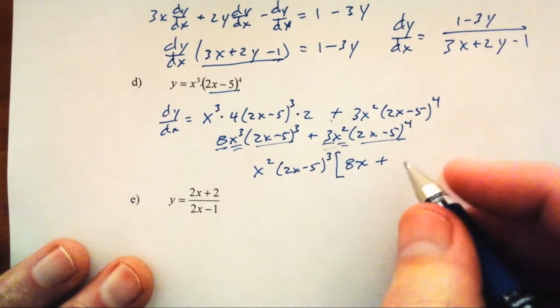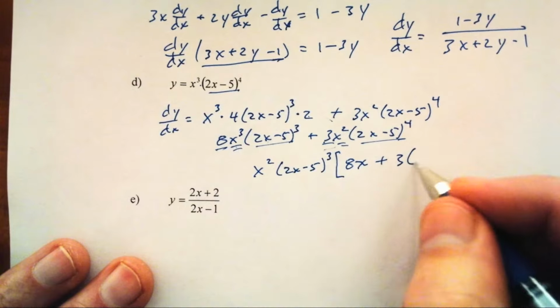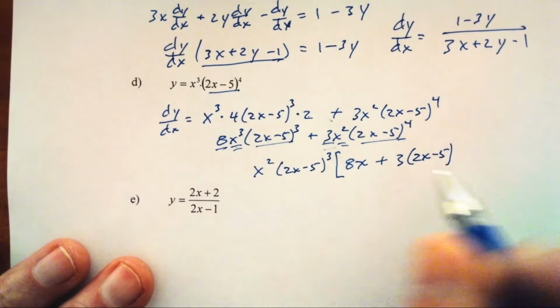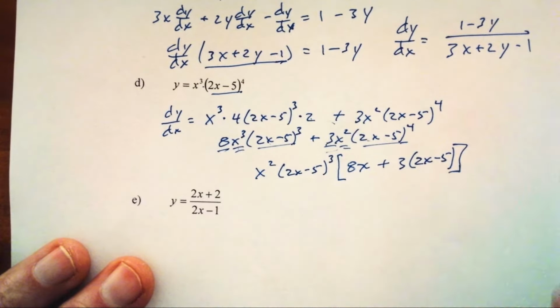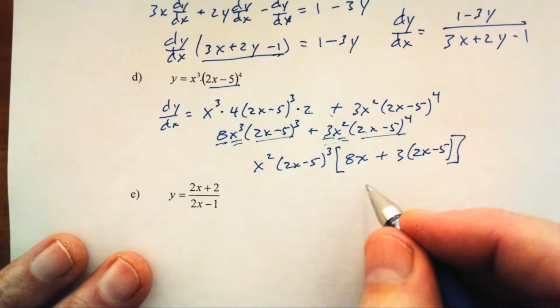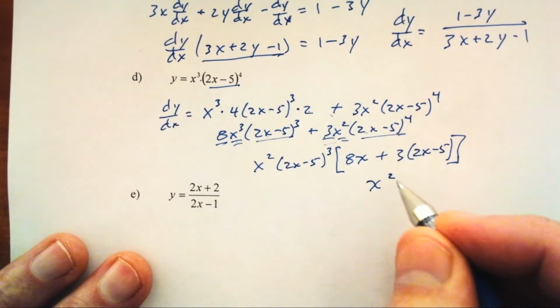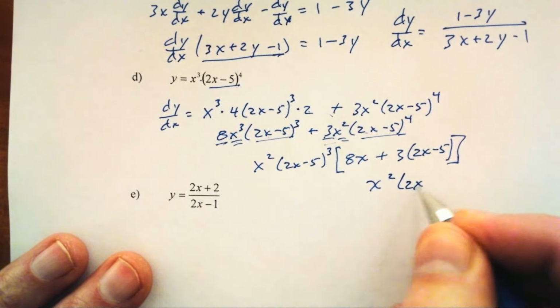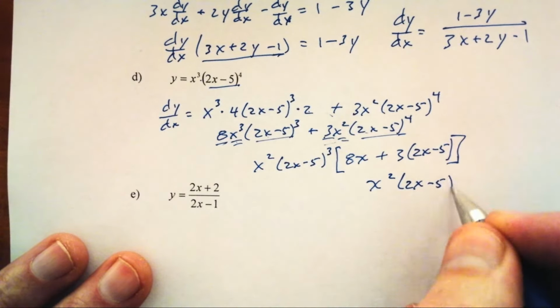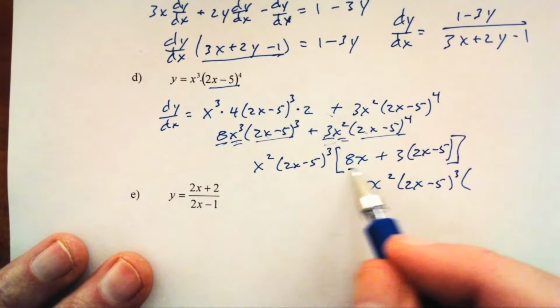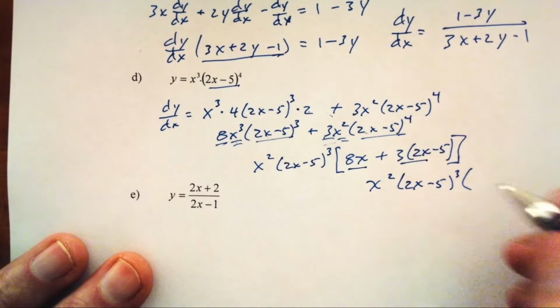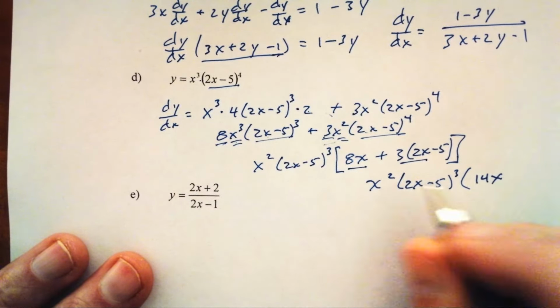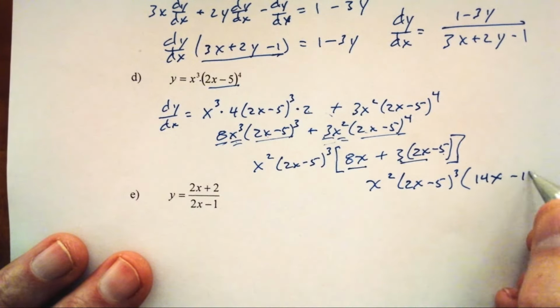From the second, I would still have a 3, and I would still have one of these (2x minus 5)'s. And I think we can simplify this in one step. I've got an x squared, I've got a (2x minus 5) cubed, and in here I've got 8x and 6 more x's, 14 x's. I've got a 3 times a minus 5, minus 15.